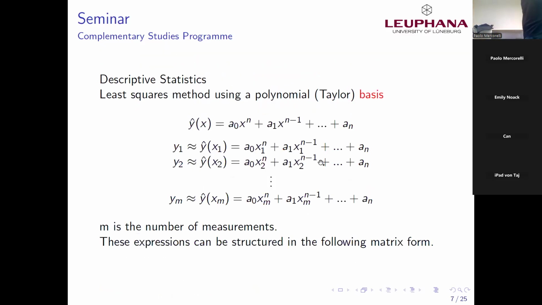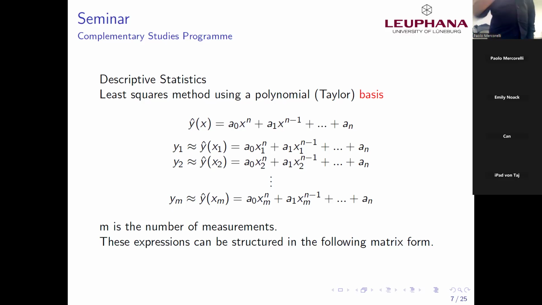Look, what I try to explain with words is written here. Here I repeat the general model, and then I write m conditions. We say, in our context, constraints.